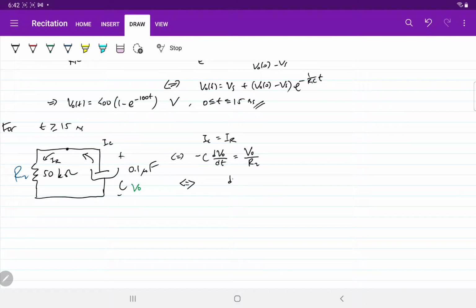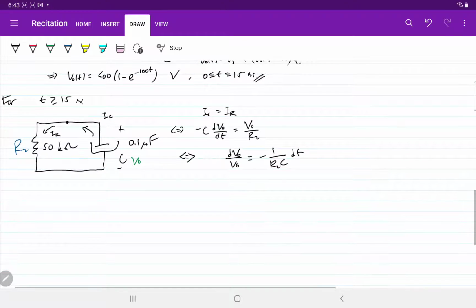So we have dV0/V0 equals minus 1/(R2C) dt.